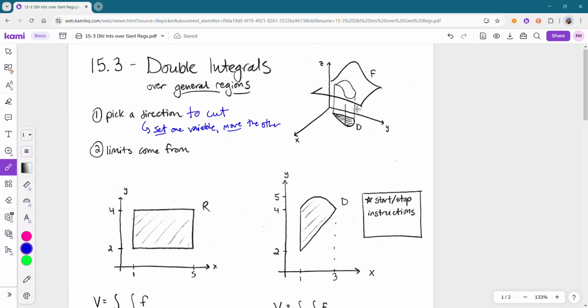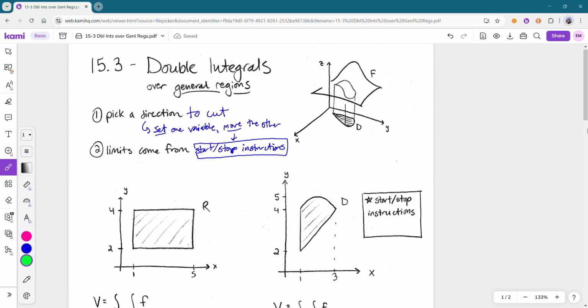Once we've done that, our limits come from the start and stop instructions for our variable that's moving. And this might sound different than what we've been doing, integrating over rectangles, but I claim it's really the same, and I want to convince you of that before we dive in.